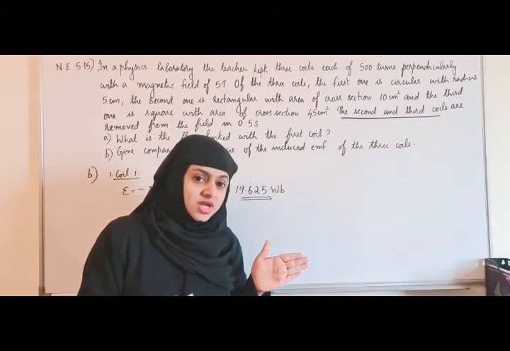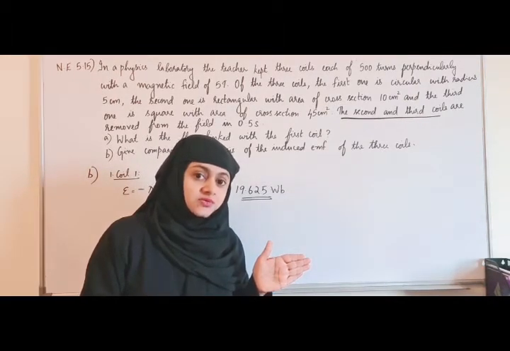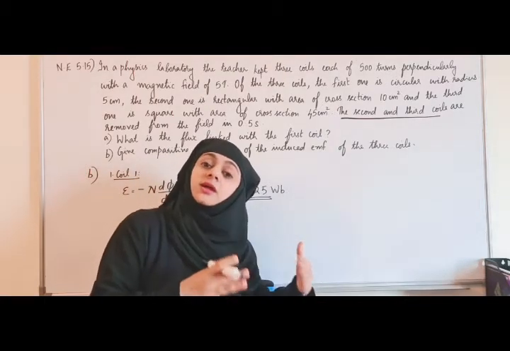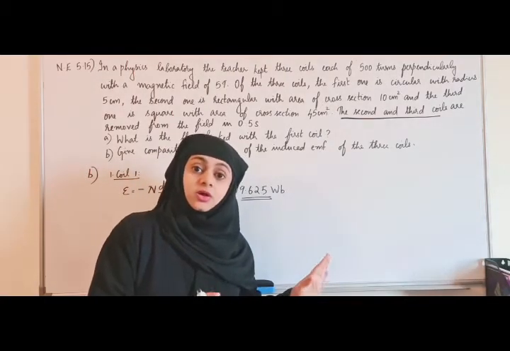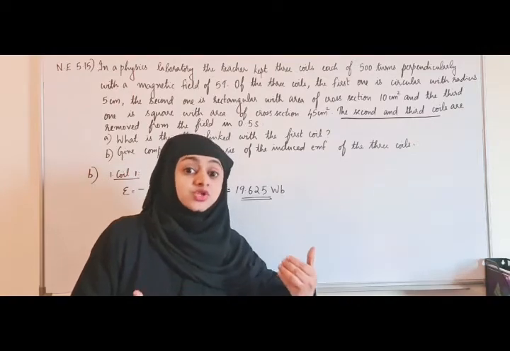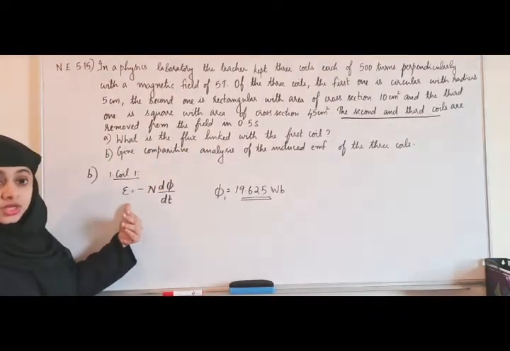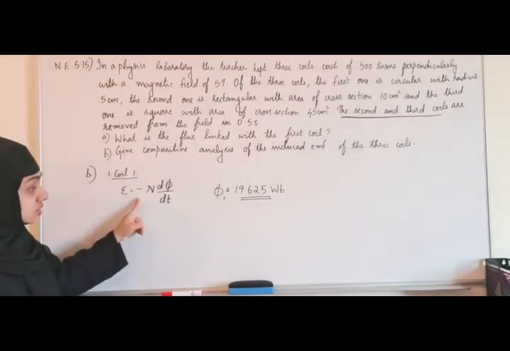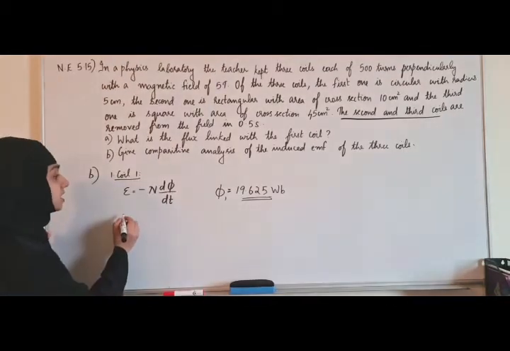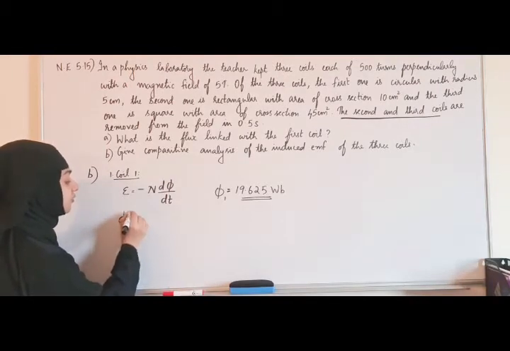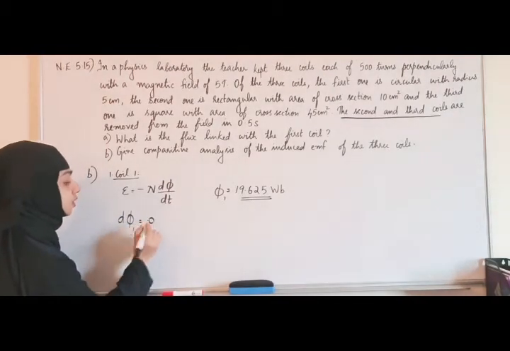So, is there a change in magnetic flux linked with the first coil? No, because it is remaining there in the magnetic field. Only if there is a change in magnetic flux, an EMF is induced. So, there is no change in magnetic flux linked with the first coil, or you can say that d phi 1 is equal to 0.